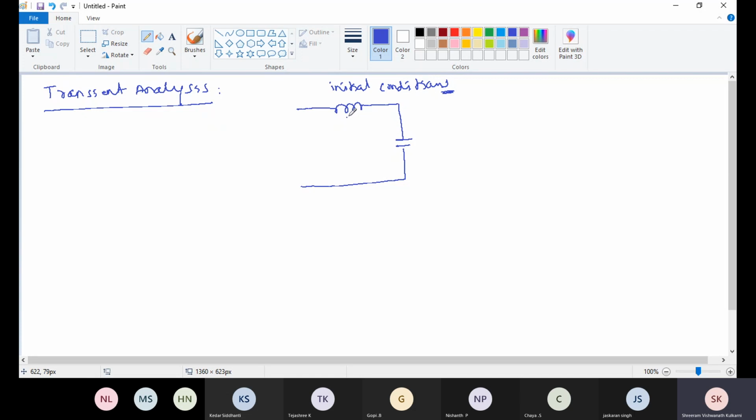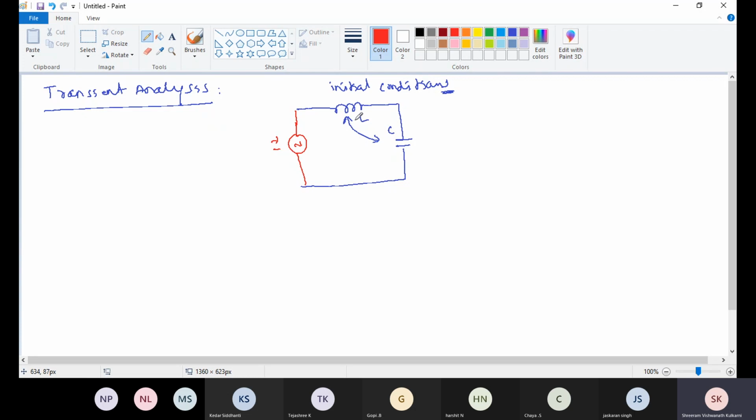These two, L and C, are the energy storage elements. What I'm going to do is apply a source here, one source, plus minus. Then the condition of this inductor and capacitor, in terms of voltage and current, will change.